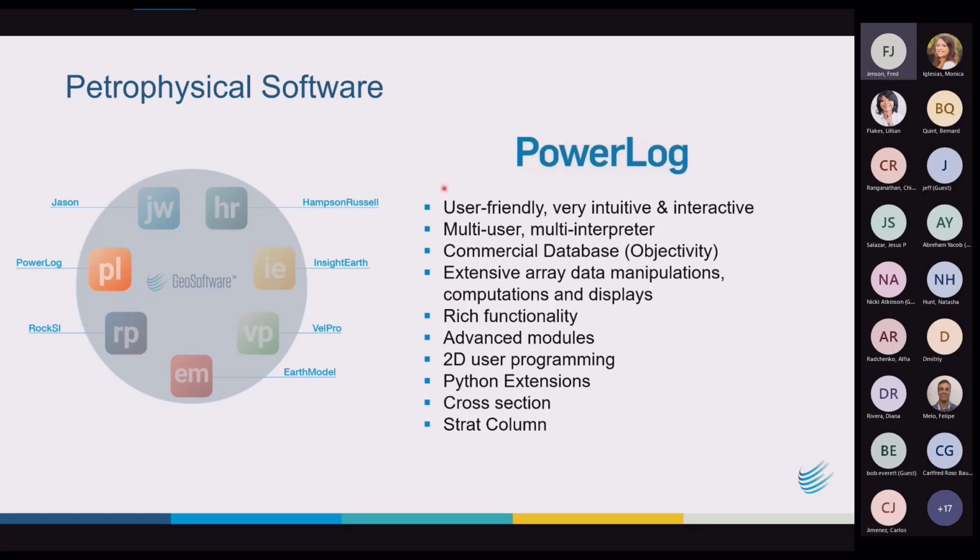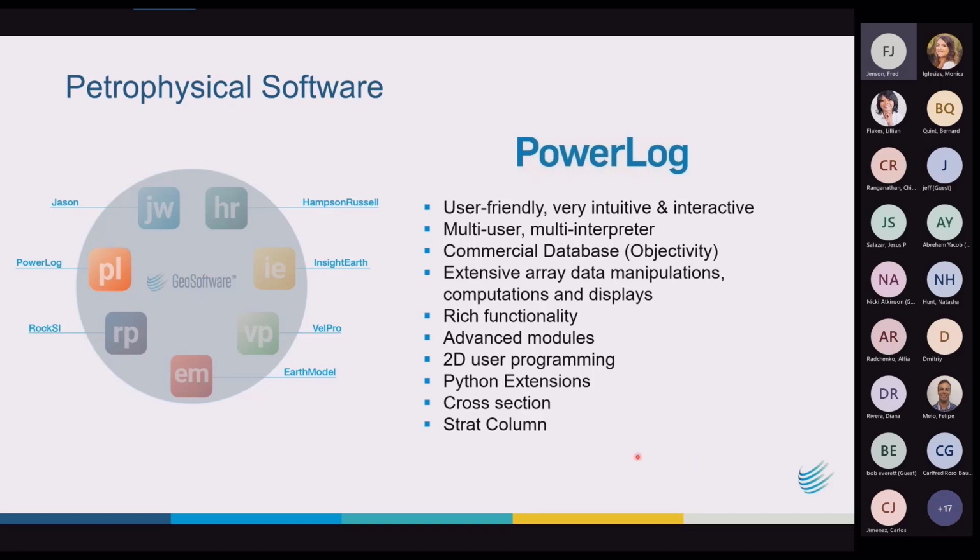So here's PowerLog, and the highlights are that it's very easy to use. It's multi-user, multi-interpreter. We're on a commercial database. We've got lots of ways to handle data, to do computations, to manipulate the data and display it. It's rich functionality. It's been around for a very long time.